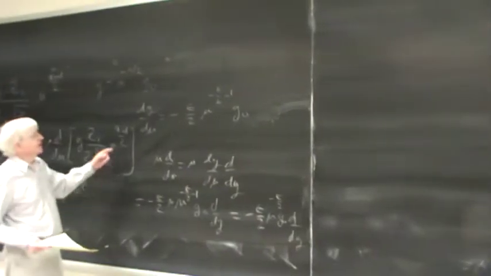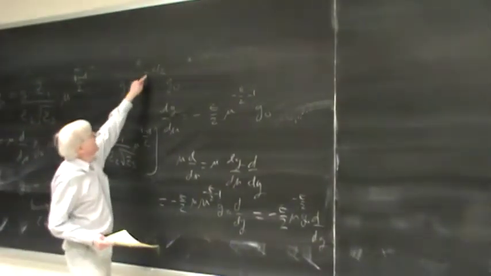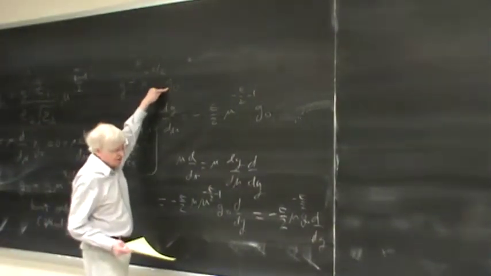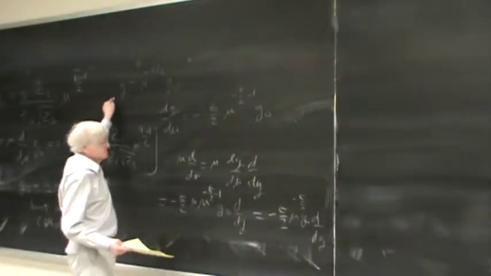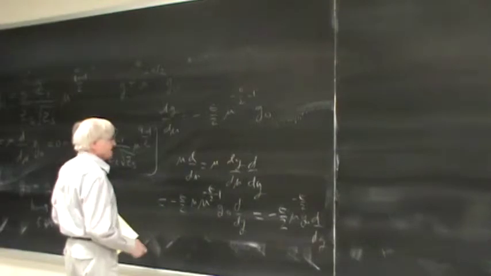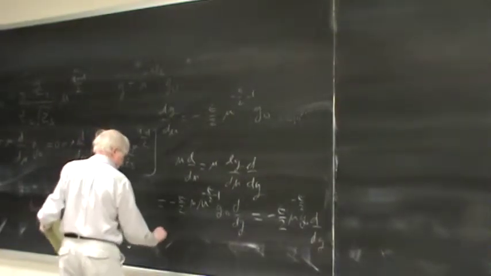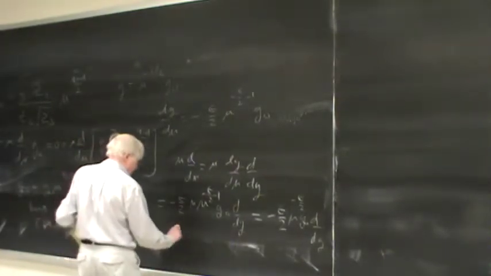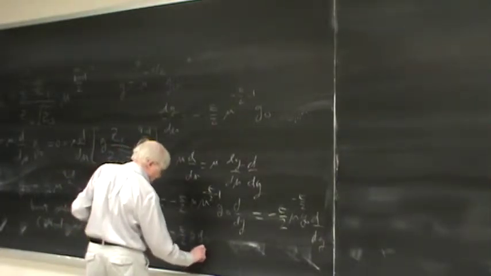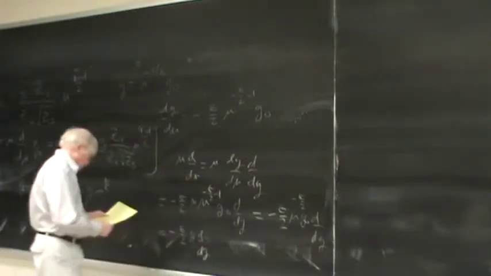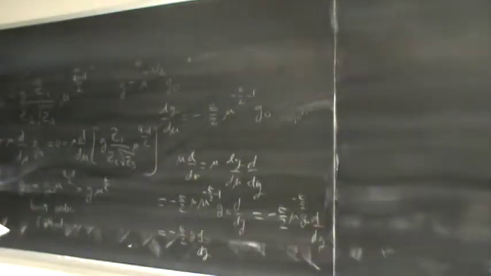On the other hand, mu to the minus epsilon over 2 g0 is just g. So mu d/d mu is minus epsilon over 2 g d/dg.